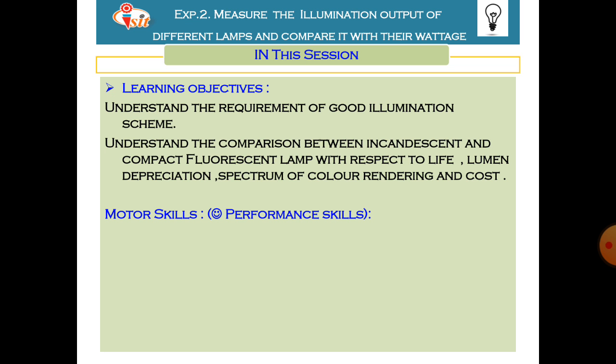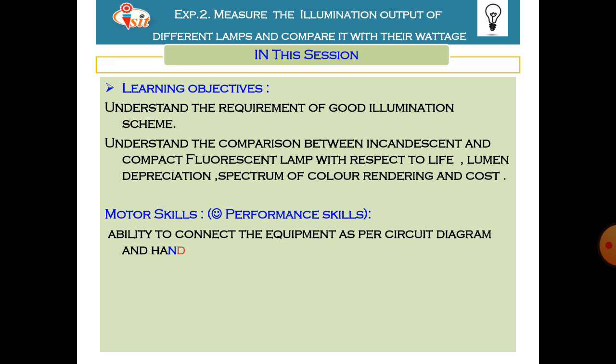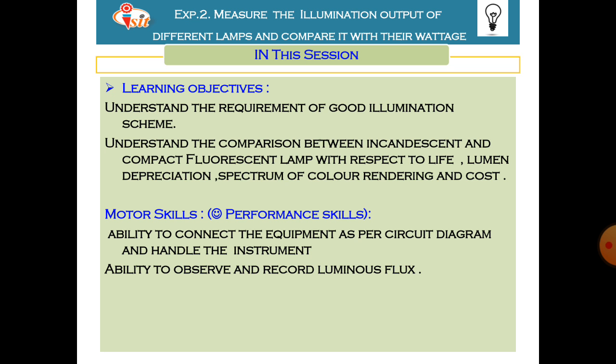Now the motor skills, nothing but performance skills: after conducting this experiment you will be able to connect the equipment as per the circuit diagram and handle the instruments, and have the ability to observe and record luminous flux.